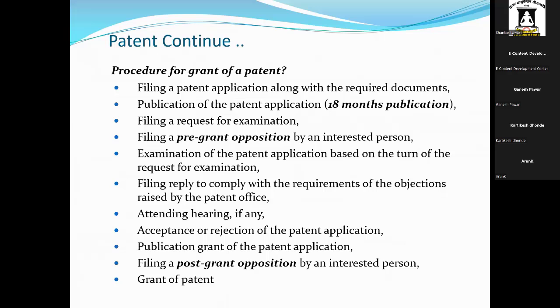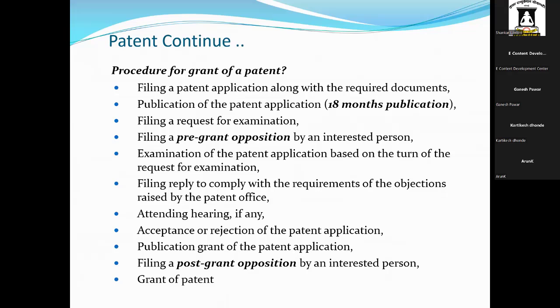So the government will examine whether others hold the same idea, and they may oppose your idea. Then examination of the patent application, then filing a reply to comply with the requirements and objections raised by the patent office.